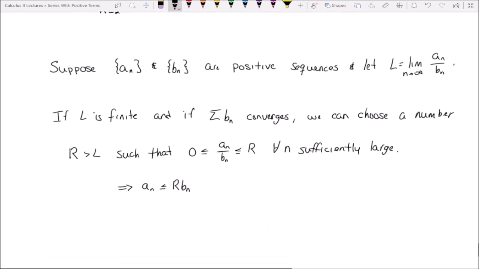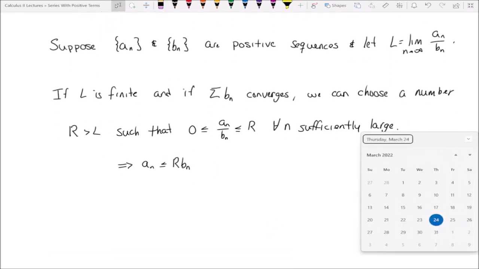We would get that a sub n is less than or equal to R times b sub n.